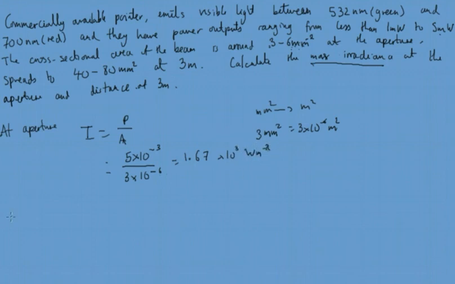Now at 3 meters, we're going to use I equals P over A again.